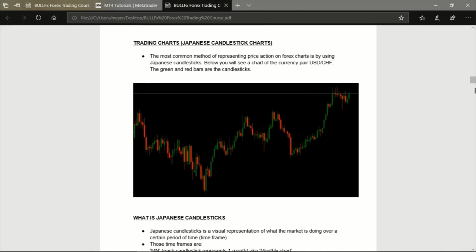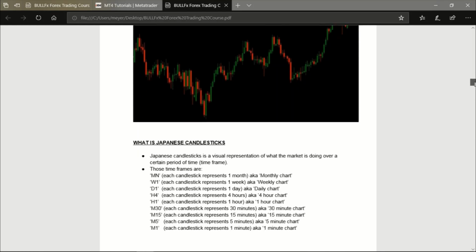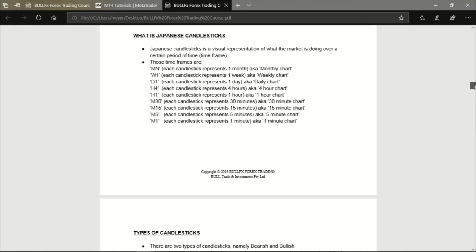So we can go into what Japanese candlesticks are. Japanese candlesticks are a visual representation of what the market is doing over a certain period of time or time frame. Those time frames are MN, where each candlestick represents 1 month, also known as a monthly chart.